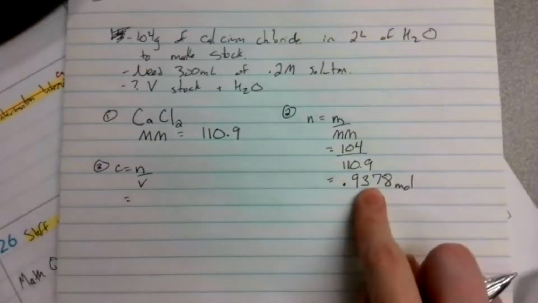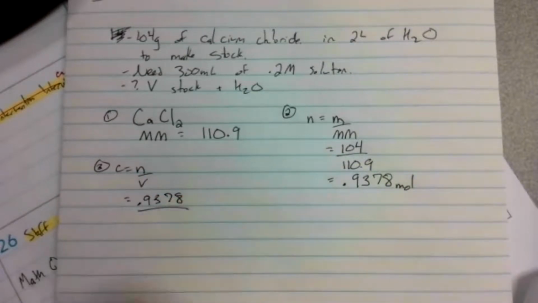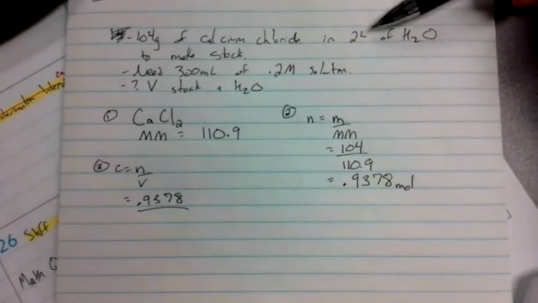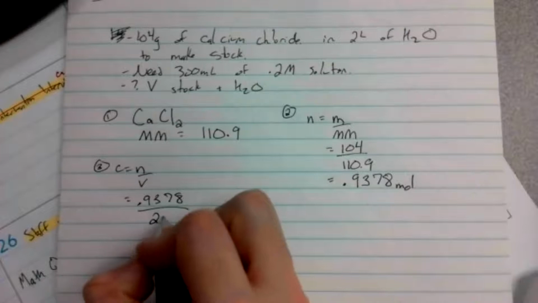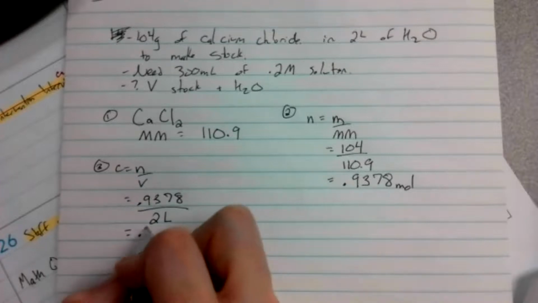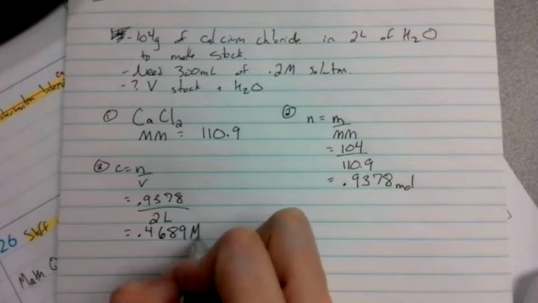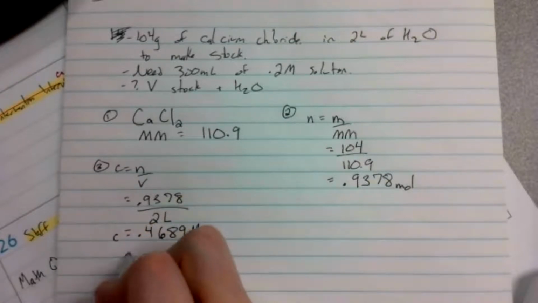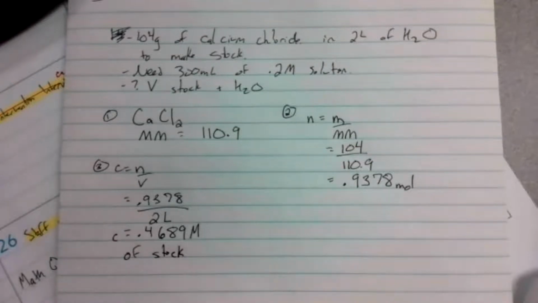So I'll plug in the moles that we just calculated and divide it by the volume of my initial stock solution, which does have to be in liters. Luckily, it already is. And that gives us 0.4689 molar as our concentration of our original stock solution.